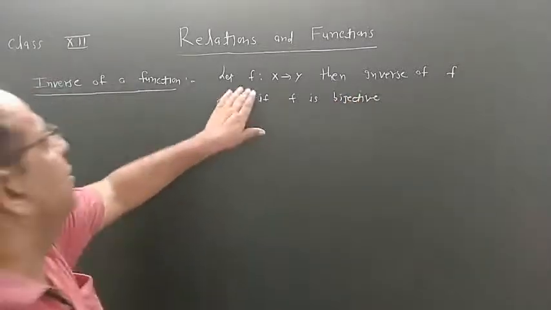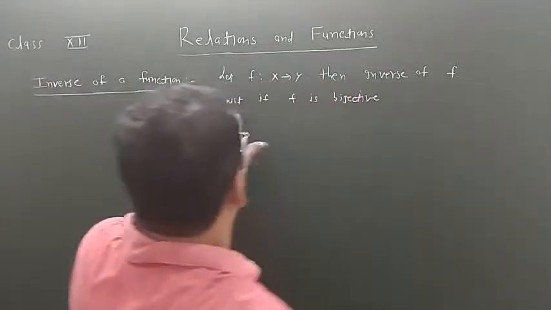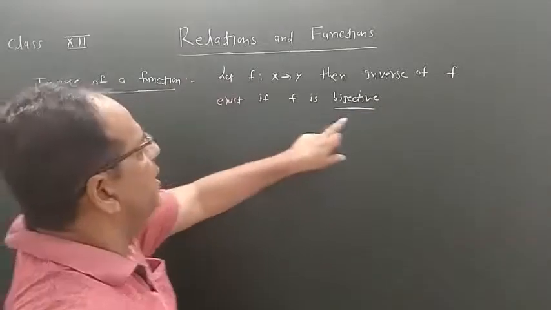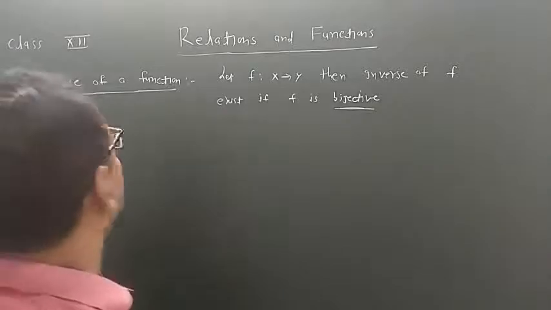If f is the function from X to Y, then inverse of f exists if f is bijective. That means if f is one-one and onto both, then we can say it is bijective.